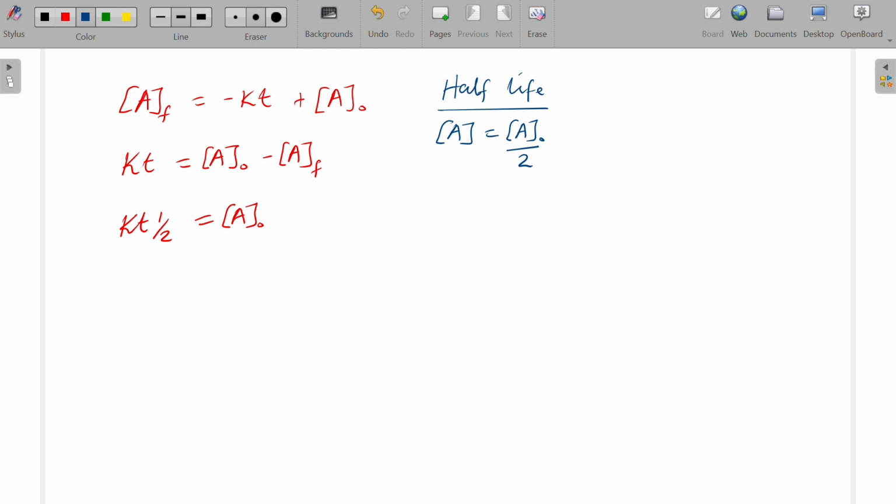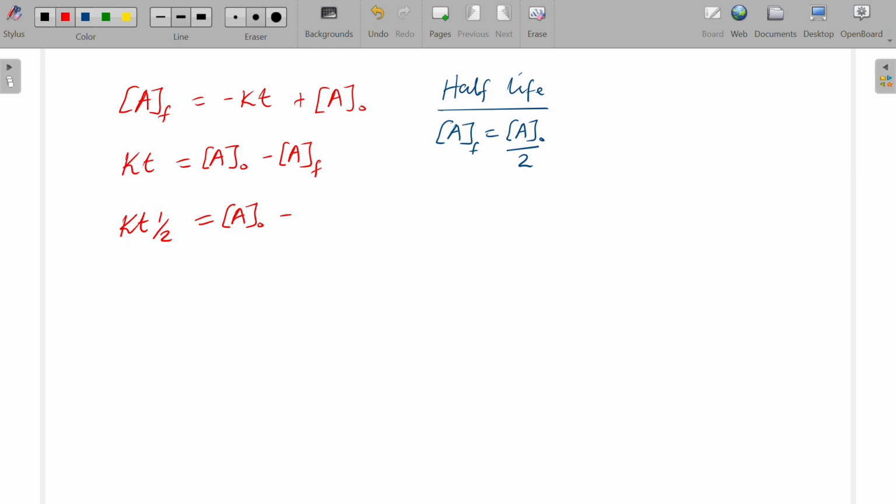So at half-life, the final concentration will basically be the initial concentration divided by 2. So this is final concentration, which is equal to initial concentration divided by 2. That's what we are going to replace where there is final concentration.